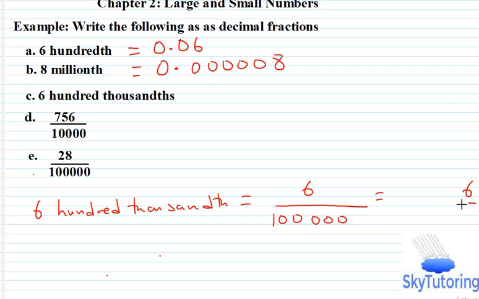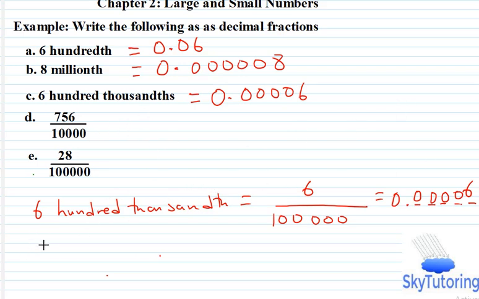So I have 1, 2, 3, 4, 5. Put my decimal point at 0. So that will be 0.00006. So this will be equal to 0.00006.